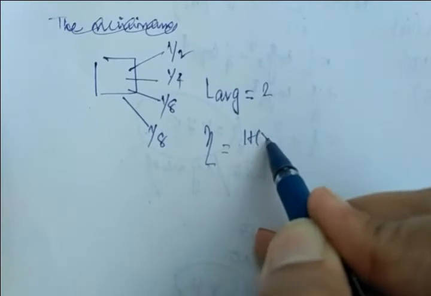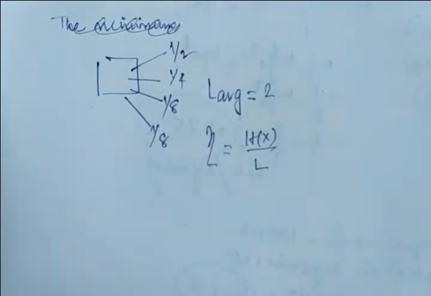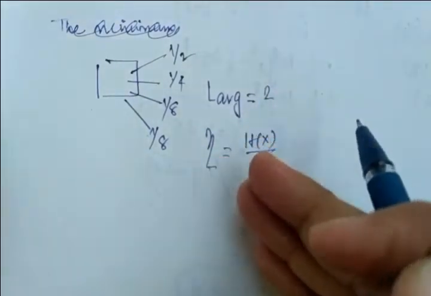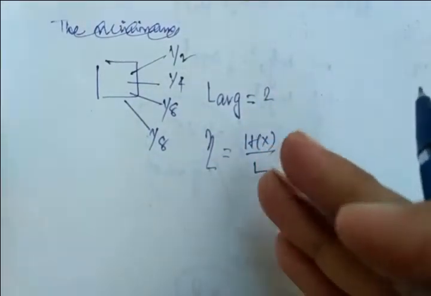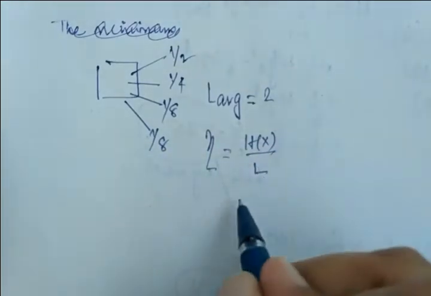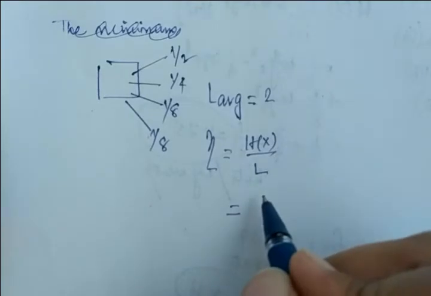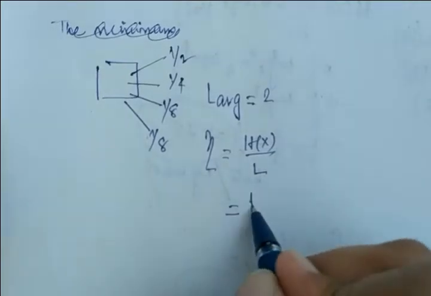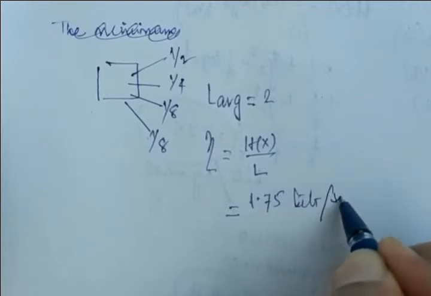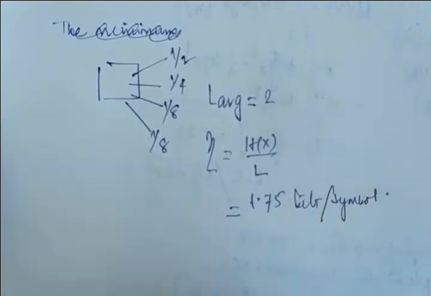Eta means Hx by L. And how can you calculate Hx? Hx will be equal to half log 2, plus 1 by 4 log 4, plus 2 by 8 log 8. You have already calculated it in a previous question also. So what is the value of Hx? Hx is nothing but 1.75 bits per symbol.